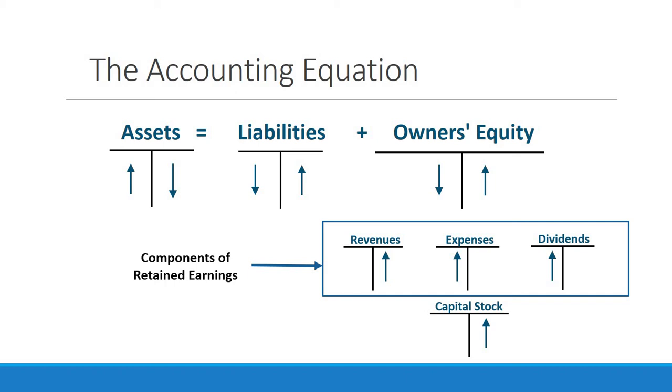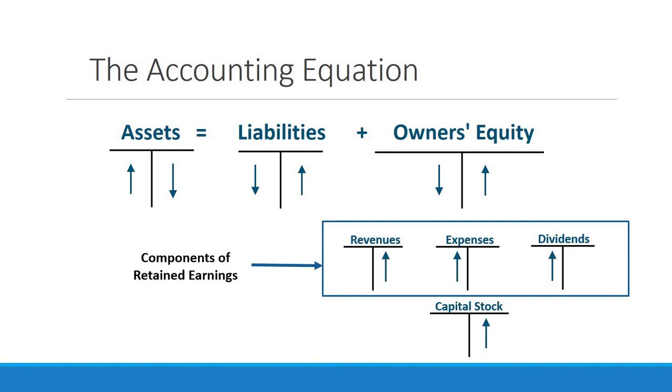If we credit those accounts, we're going to decrease it. Everything else besides the expenses, the assets, and the dividends are going to be increased by crediting those accounts. So our revenue, our liabilities, our capital stock accounts, those things are going to be increased by crediting those accounts.